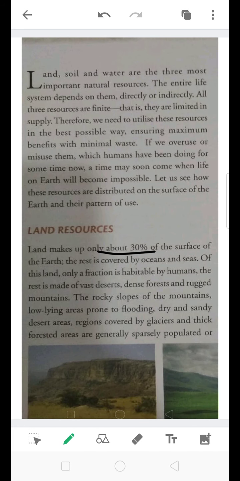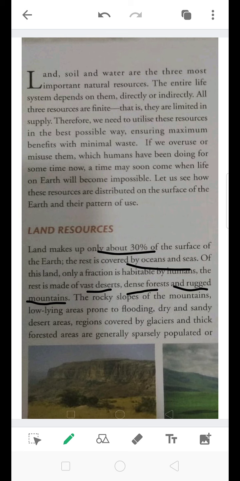Land makes up only about 30% of the surface of the earth because the rest is covered by the oceans and seas. Of this land, only a fraction is habitable by humans. The rest is made of vast deserts, dense forests, rugged mountains, etc. As we all know, only a limited part of land area is occupied by human beings for survival.